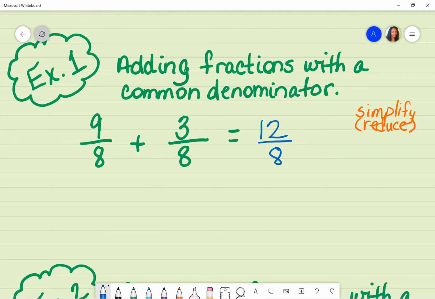Gotcha, okay. So I see over to the side, I have simplify or reduce. So what would I have to do to simplify or reduce this 12 over 8? Well, since simplify or reduce means go smaller, I have to find a number that we can divide both by.